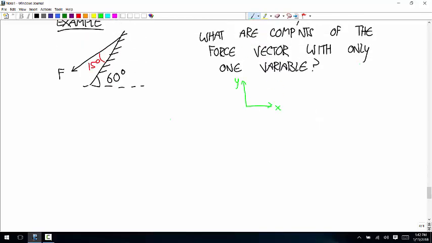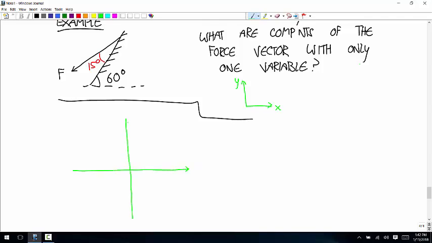Okay, so I'm going to start by drawing the coordinate system with all the positive and negative axes. And I'm going to do this by drawing just a bunch of vectors. All their tails have to start at the origin. So first of all, we know that it's 60 degrees from the x-axis to here, right?